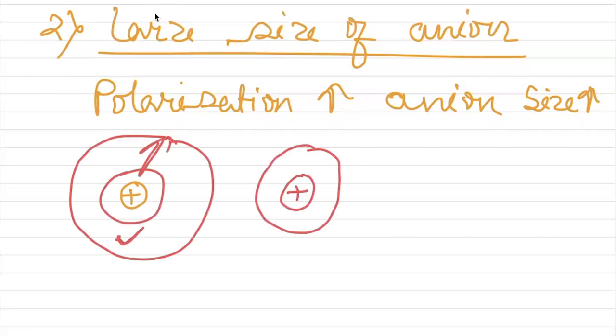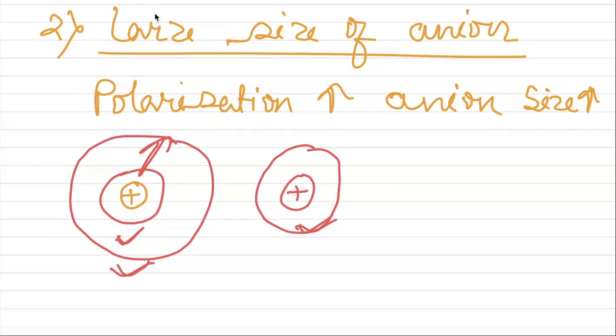In the second ion, where the size is small, the outermost electron cloud can be held by the nucleus tightly. In the bigger anion the electron cloud will not be held tightly, and the polarization will be more. That means the electron cloud can be distorted by a cation very easily.